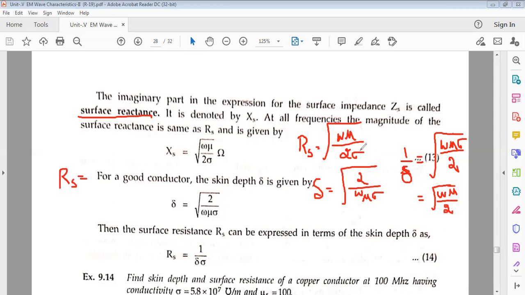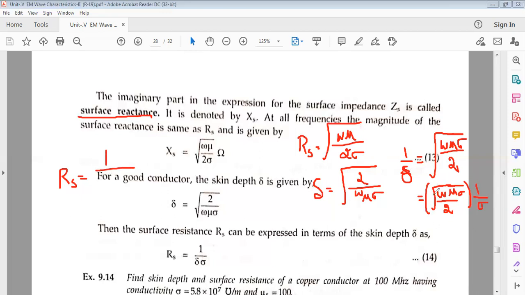To get the denominator as sigma, we can multiply this function by 1 by sigma. Got it, my dear students? Then root sigma by sigma becomes 2 sigma in the denominator. So 1 by delta multiplied by 1 by sigma is equal to the surface resistance.